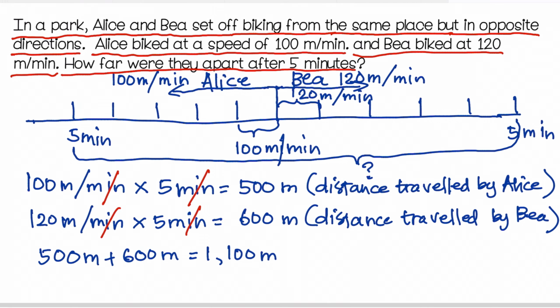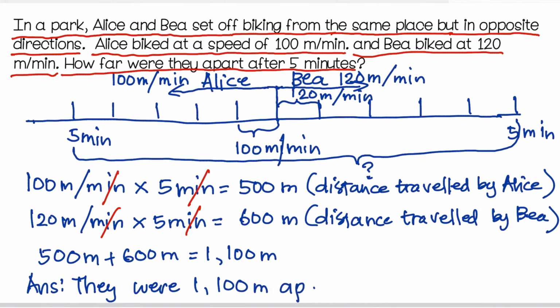So how far were they apart after 5 minutes? Our answer: they were 1,100 meters apart after 5 minutes. Done with the second problem. Now let's proceed to the third one.